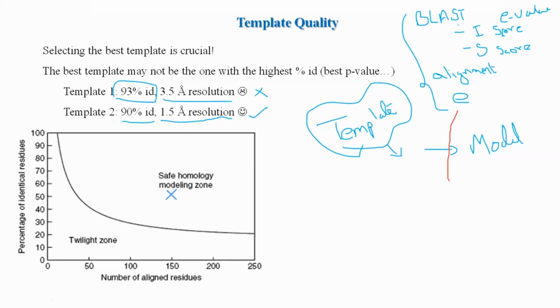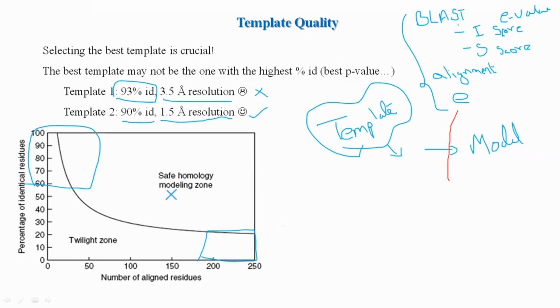I'll explain why. See, a percentage of identical residues compared to the aligned residues will give a safe model. If you select the template following these residues, here we'll get good models. If you get this, here you'll get wrong models or the worst models.